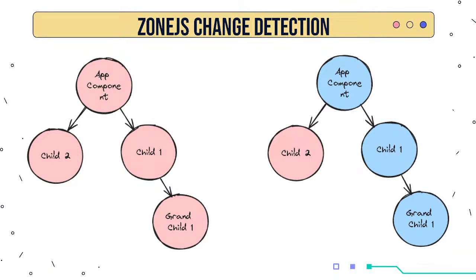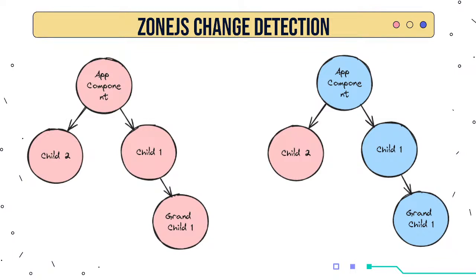When the user clicks on that button, it propagates the change detection. It will be marked as dirty, so that whenever the change detection cycle gets triggered, it simply gets updated.